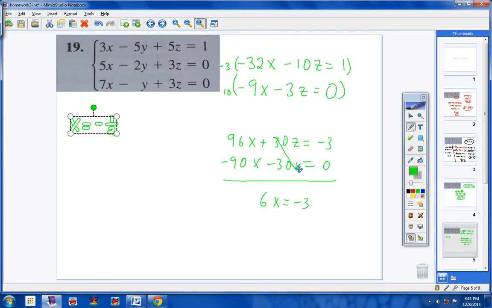Now, let's take this x value here, and let's substitute that either here or here or here. I'm going to use this equation because it has the smallest coefficients, negative 9 and negative 3. So, negative 9 times x minus 3z equals 0. Okay, this would be a positive 9 over 2.